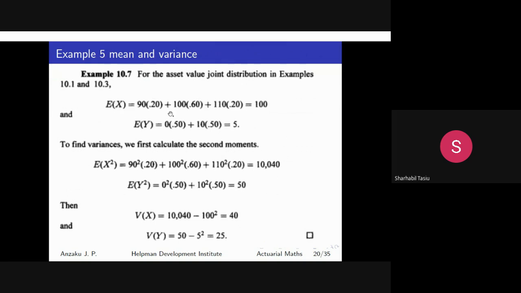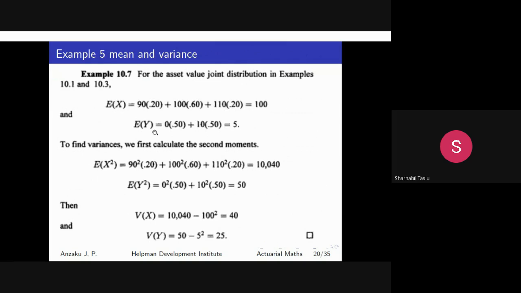If you are looking for expectation, you are multiplying the probability times the value that the random variable can take. So this is just 90 times 0.2 plus 100 times 0.60 plus 110 times 0.20, which will give us 100.